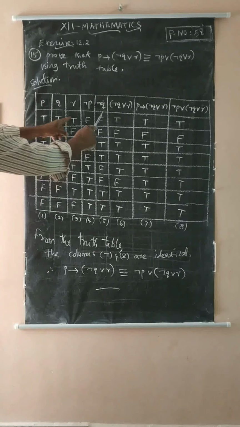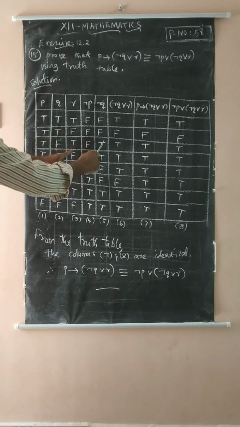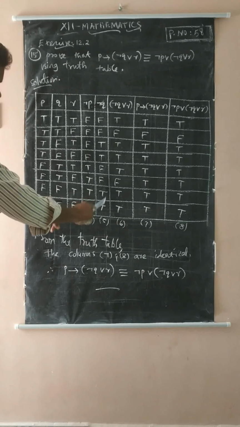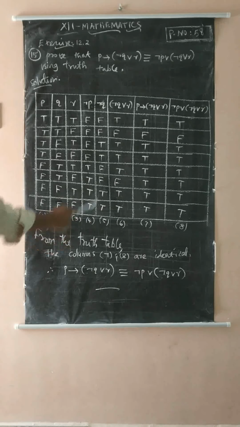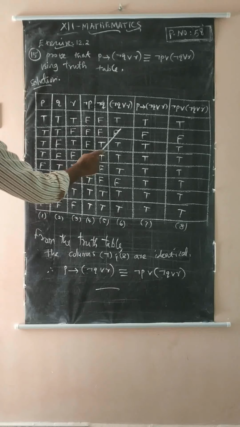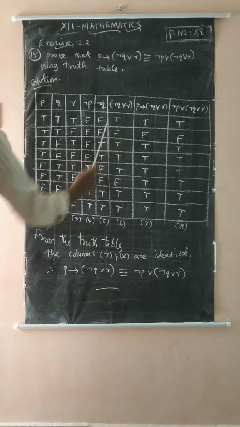Now see this. Both are false here, so that is false. Here also false, so false. Otherwise they are true, so true, true, true, true. Next step, P conditional this bracket.